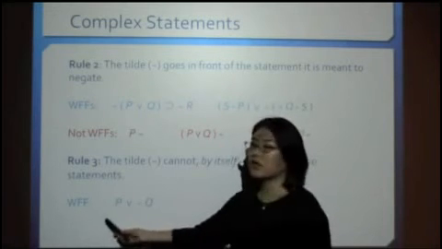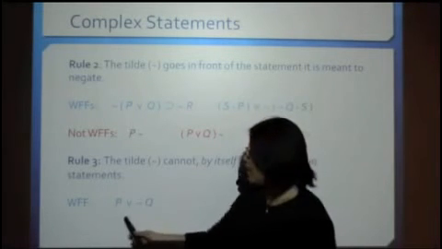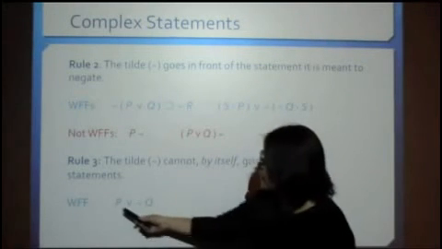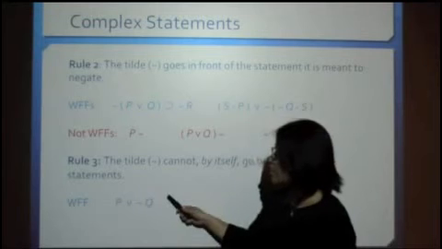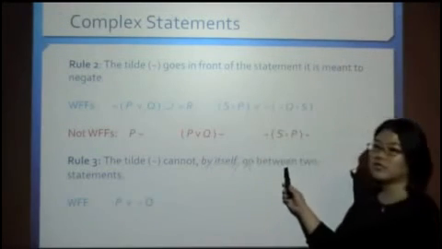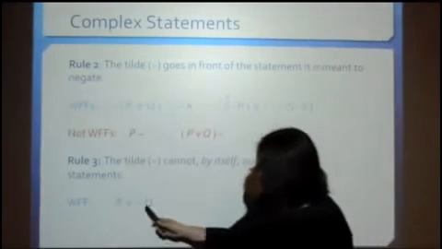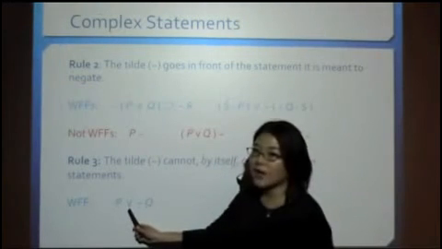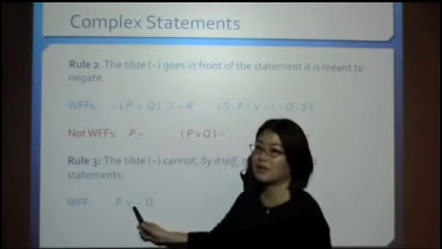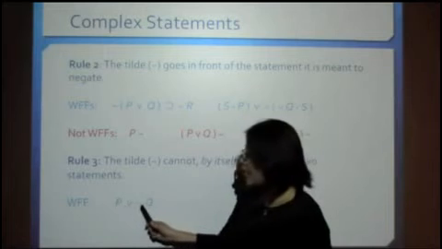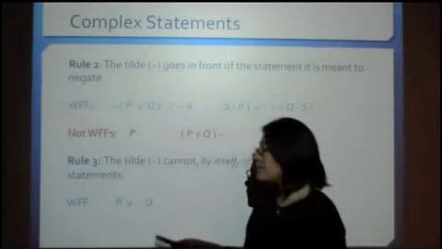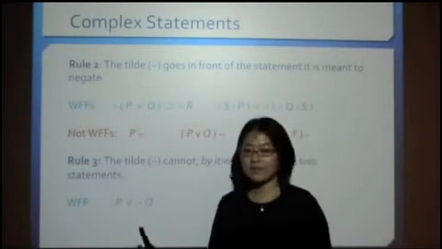The two largest units are the statement P, and not Q. Now notice how in this disjunction, the tilde does not by itself go between two statements. We have a wedge operator and then the tilde. We don't have just the tilde. You cannot put a tilde only in between two statements. Why?